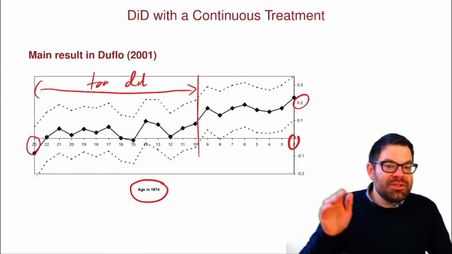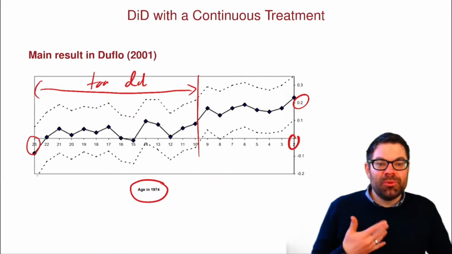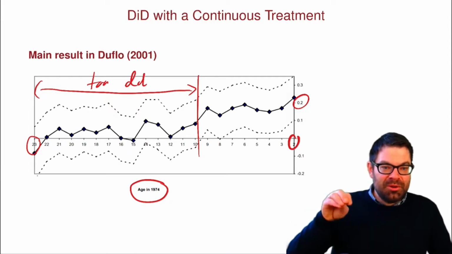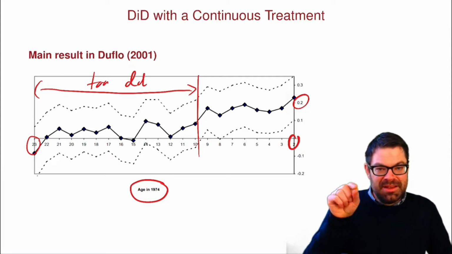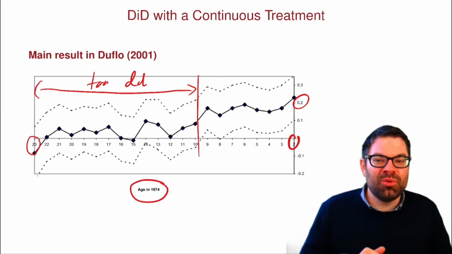Right? There's more that she shows in the paper, but to me this is one of the prime examples of a very nice flexible diff in diff study, where flexible means in that case we allow for separate differences for each time period, in this case age cohort.